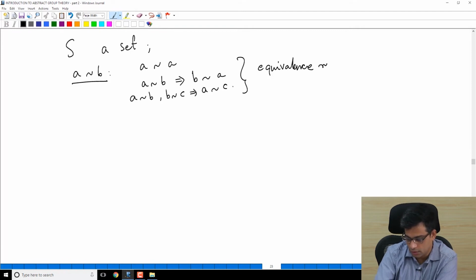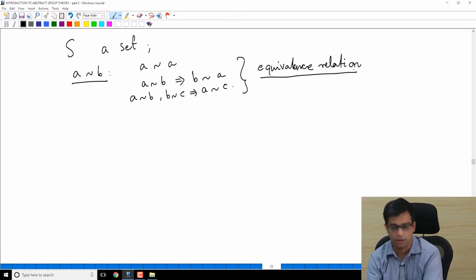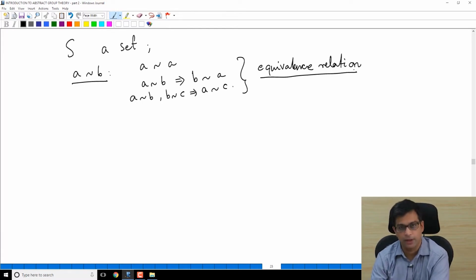We discussed some examples of this, and the most important example in our situation would be the relation defined by a subgroup of a group, which I'll recall in a minute.